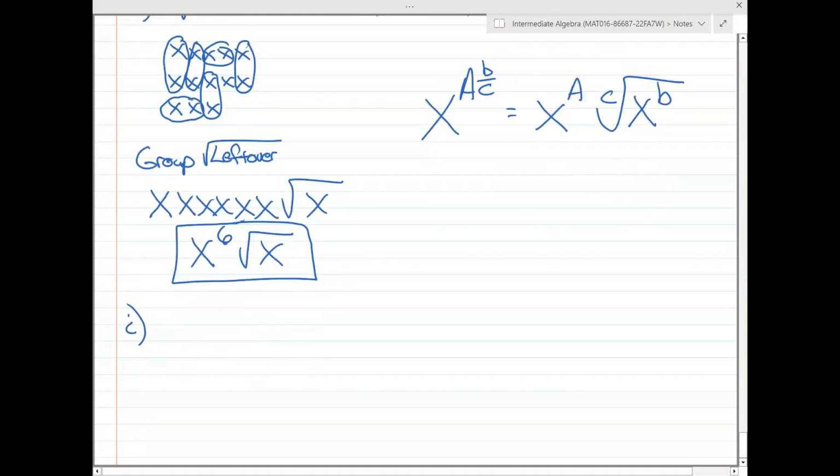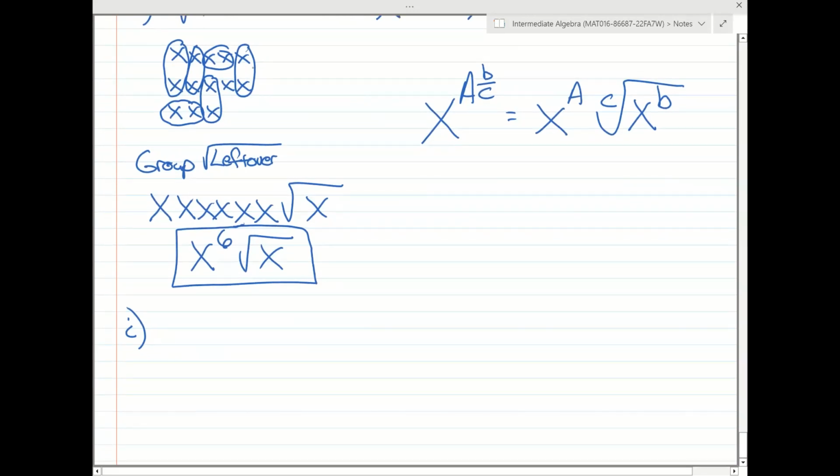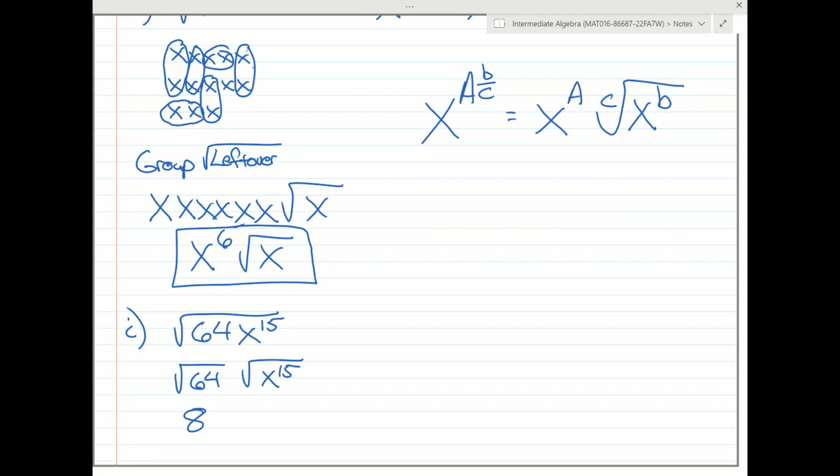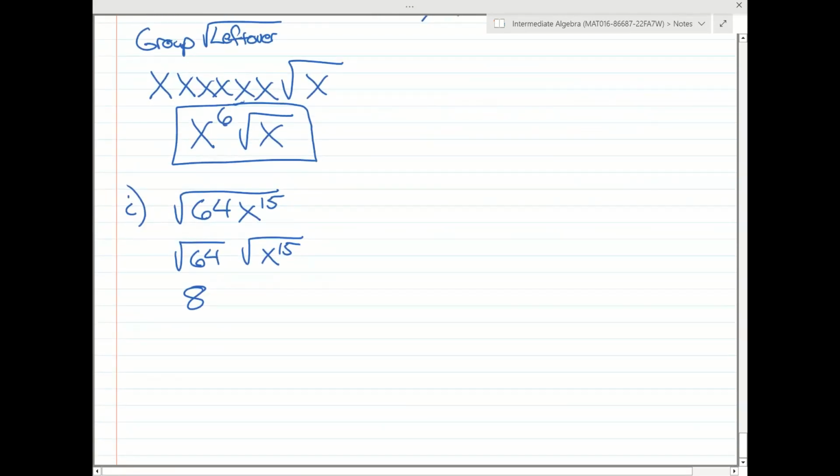I'll show you another example here. Like if we had the square root of 64x to the 15th. This is the square root of 64 and the square root of x to the 15th. So this is obviously just 8. But when we have x to the 15th, we don't want to write x 15 times.